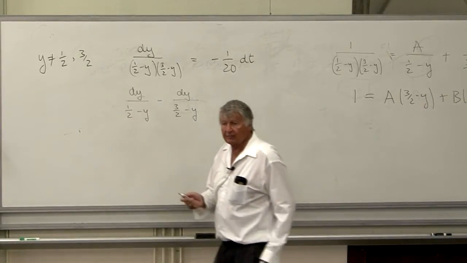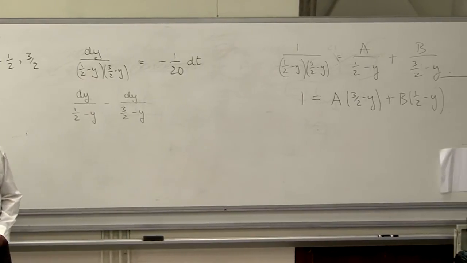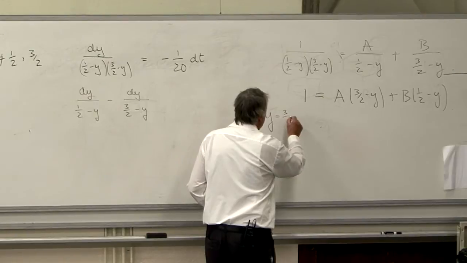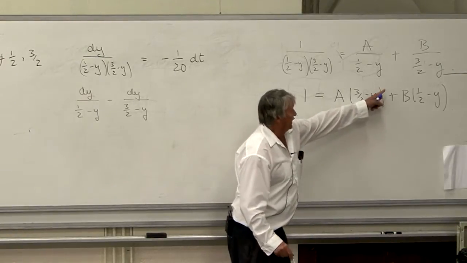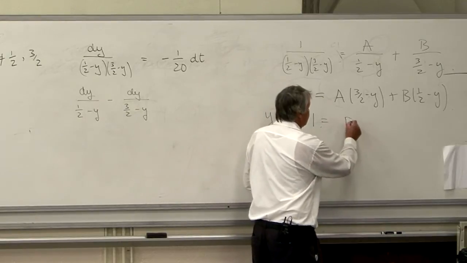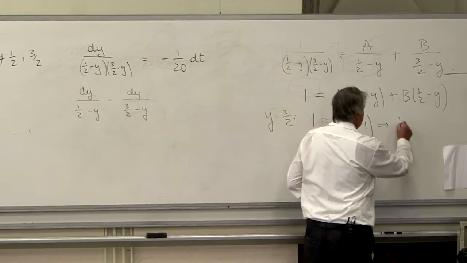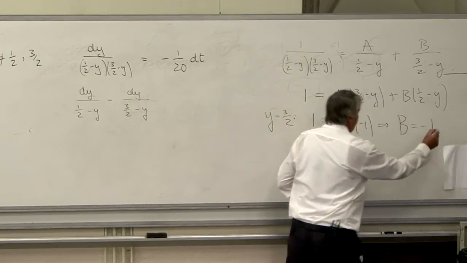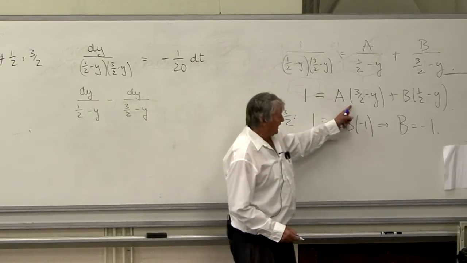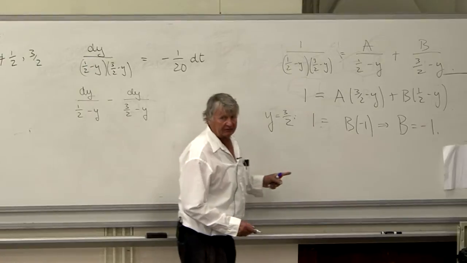Now that is something which is true for all y. So I will choose y equals 3/2. Then I eliminate this term. So I get 1 equals b times (a half minus 3/2), which is minus 1. That implies that b is minus 1. On the other hand, to find a, I will choose a value of y to make this factor 0.